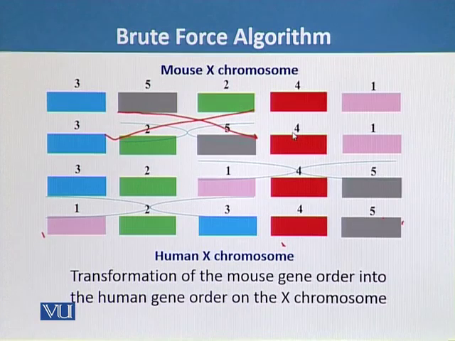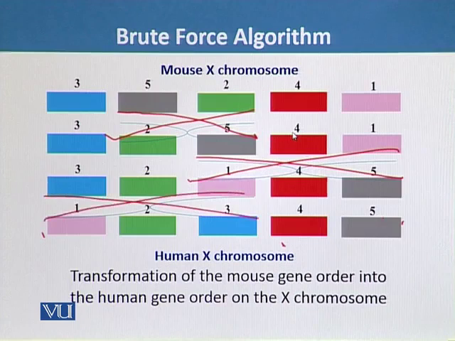So we have to do this replacement or flipping 3 times: this one with this one, and the third is this and this. If we perform these 3 flippings of the syntenies, we will come up with the same order of the genes within the mouse and the humans. But we cannot say with confidence that only 3 flippings can reorder the sequence of the genes within the genomes of mouse and humans.